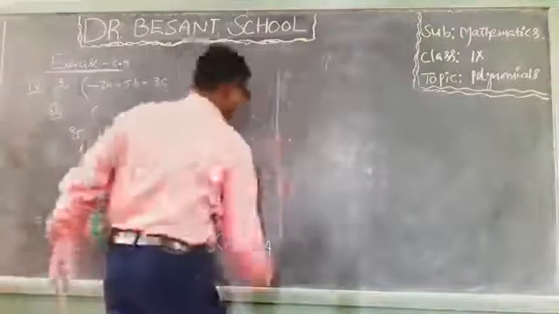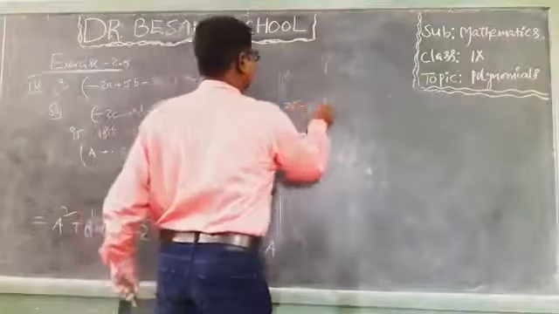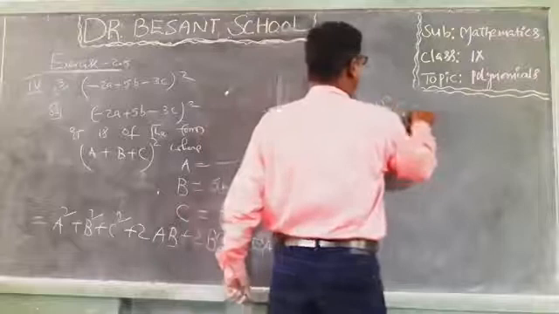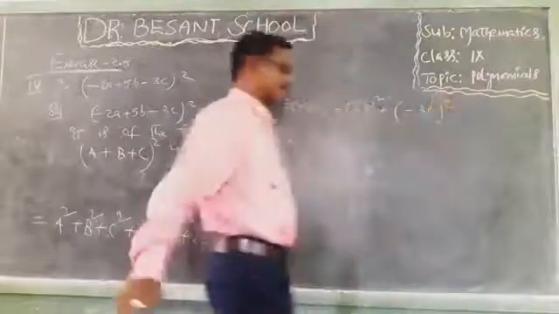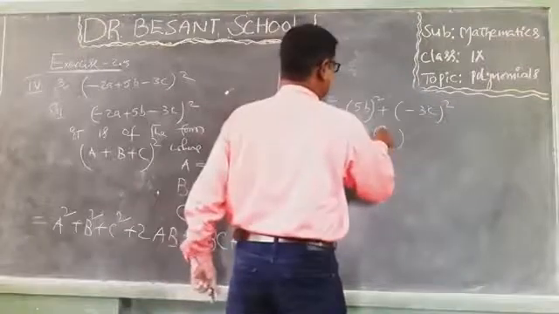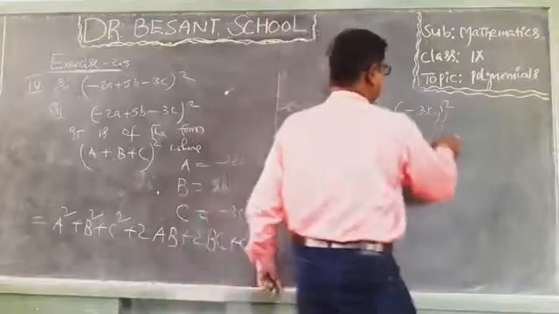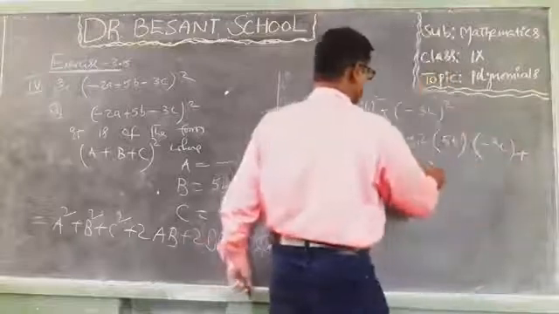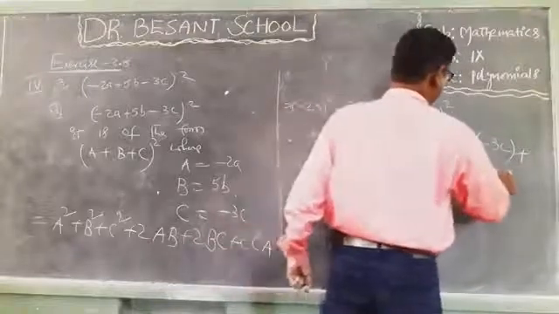Children, you see, A square means (-2a) whole square, plus B square means (5b) whole square, plus C square means (-3c) whole square, plus 2 into A means -2a into B means 5b, plus 2 into B means 5b into C means -3c, plus 2 into C means -3c into A means -2a.